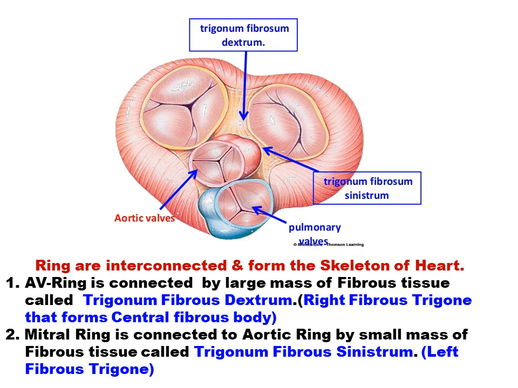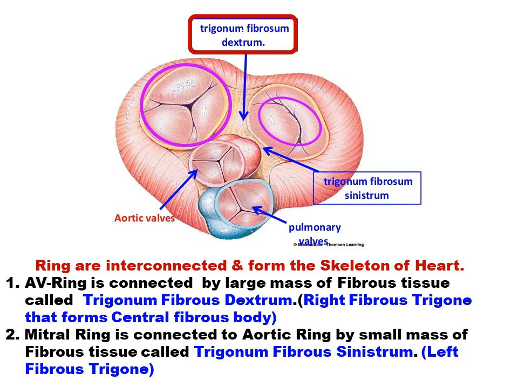The rings are interconnected and form the skeleton of the heart. The AV rings, that is the right and the left AV rings, are connected by a large mass of fibrous tissue, that is trigonum fibrosum dextrum, the right fibrous trigone. Or it's also known as the central fibrous body.